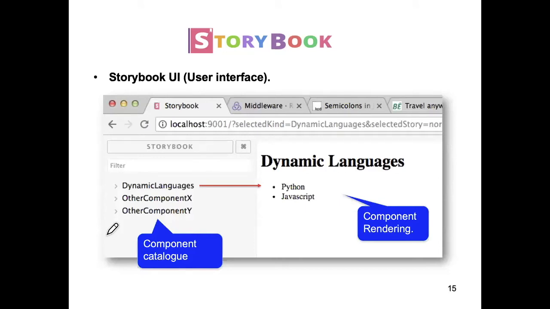So this is Storybook's own UI now. And what you see on the left is all of the components that it found in your project. And these are going to be clickable. When you click on them, it'll show you on the right how that component renders for a particular data set that you might have specified for the component. So as I said, you can actually see and concentrate on one component at a time.